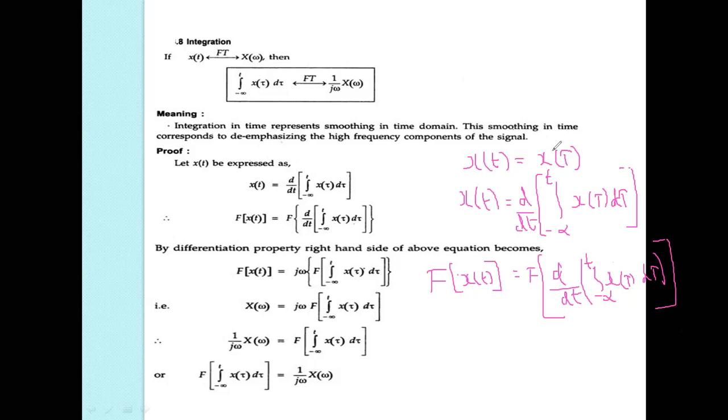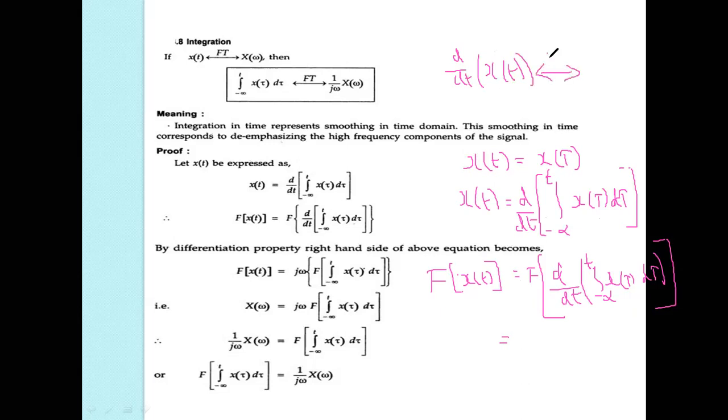Applying the integral and the derivative, both are equal, and you get the same thing, x of tau. Applying the Fourier transform on both sides gives the Fourier transform of the derivative function. What is the Fourier transform of the derivative function? d by dt of x of t.